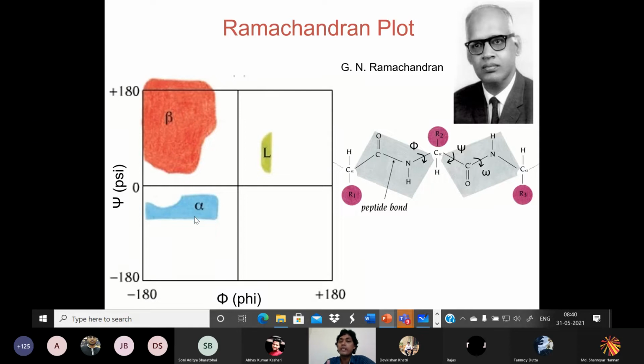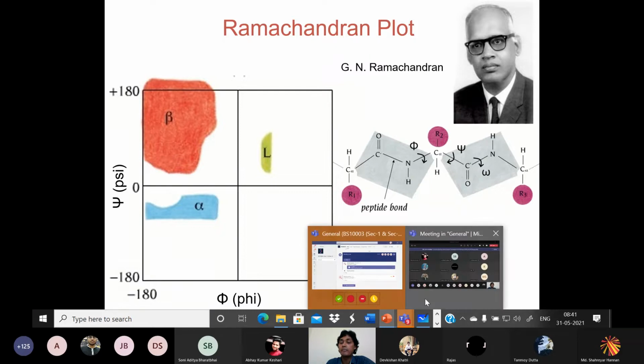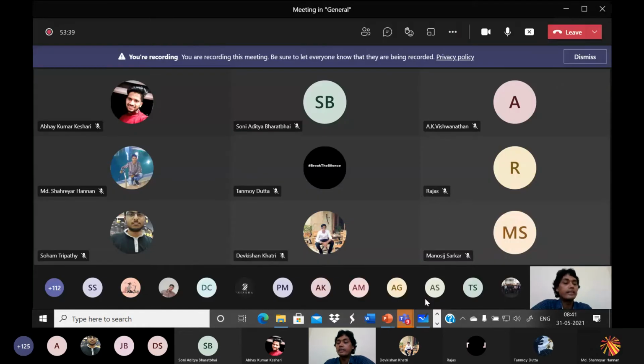But the bottom line is, he contributed what the permissible limits of the phi and psi angles are in a protein structure. And most importantly, I would like to clearly mention, and we should be proud of that, that throughout the world, if any person wants to submit a protein structure, right? Protein structure can be determined by different techniques.